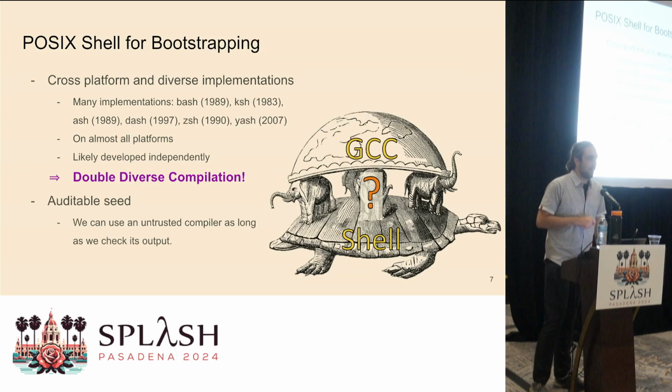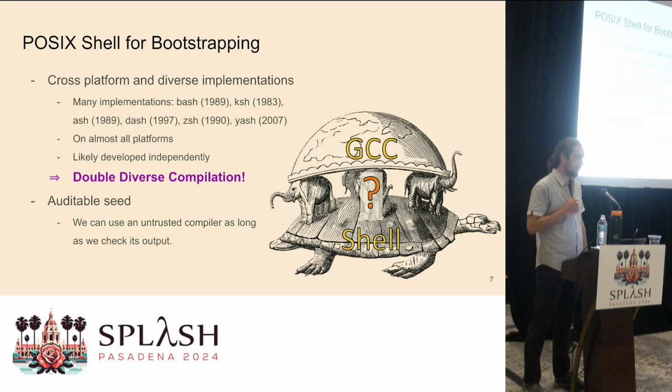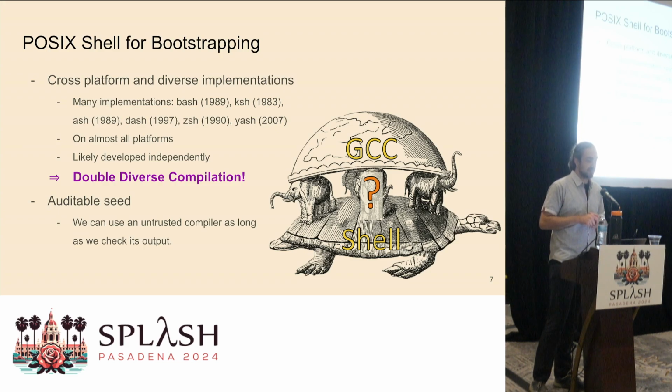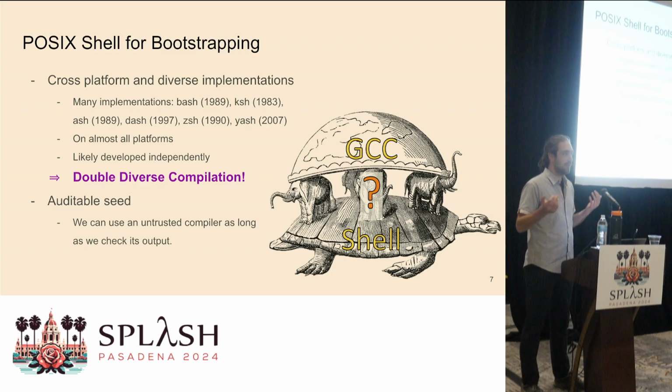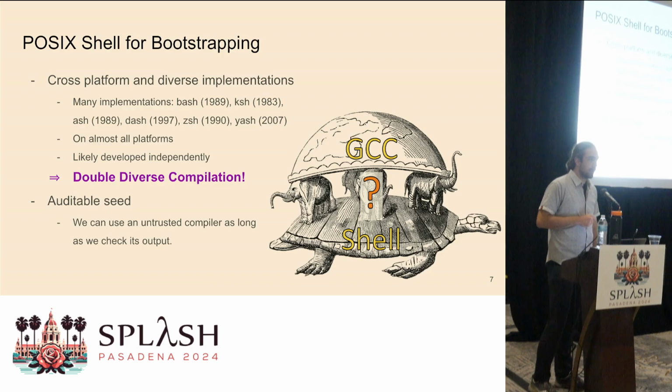And then what's special about POSIX shell for it to be useful for bootstrapping? Really it's two things. The first is that it has many different implementations, and it's available on almost any platform. For example, almost everyone surely knows the bash implementation, but there are others like Korn shell, Ash, Dash, Zsh, and more.